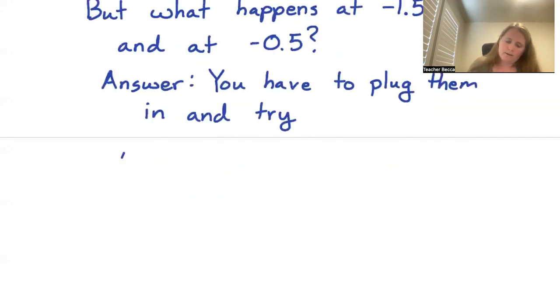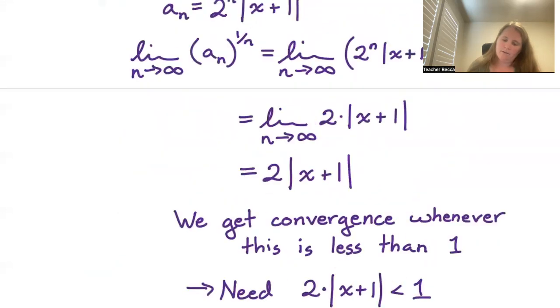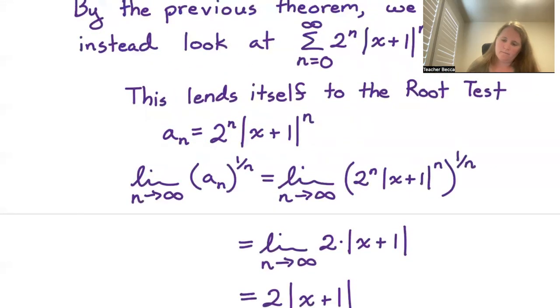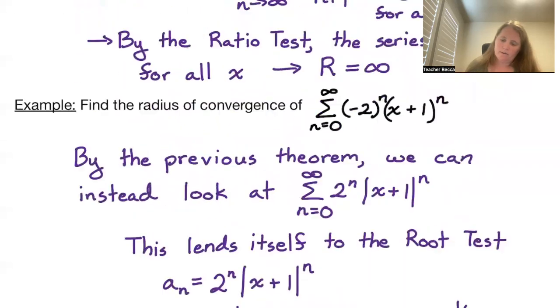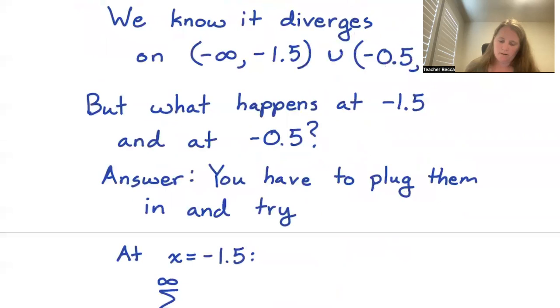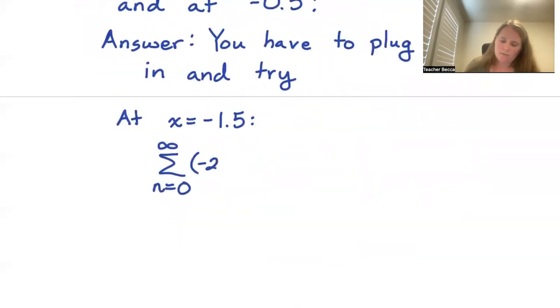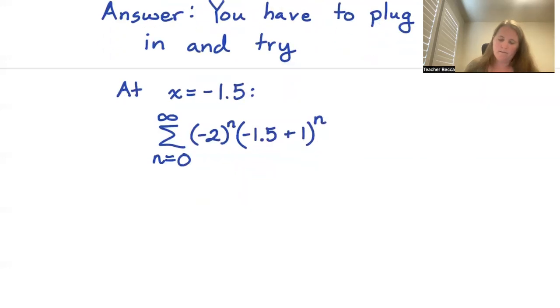So at x equals -1.5, the original series, we had the sum from n equals 0 to infinity of -2 to the n times x plus 1 to the n. So we would have -2 raised to the n times -1.5 plus 1 raised to the n.